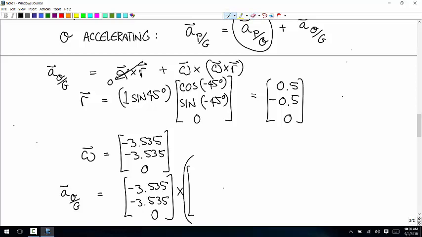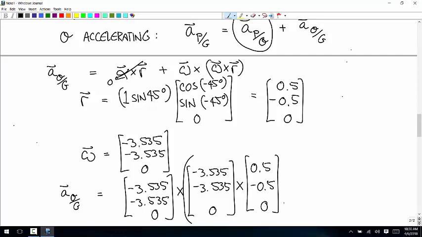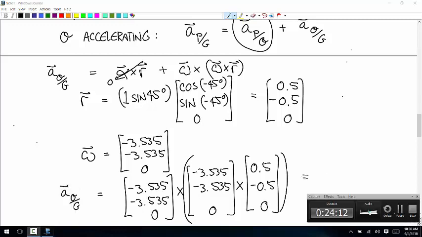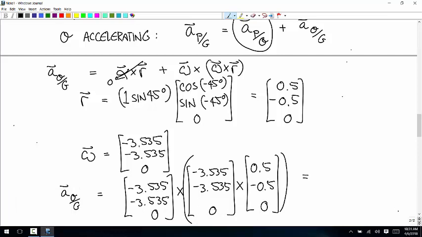We're doing the acceleration, so this has to be times the quantity, negative 3.535, negative 3.535, 0, crossed with the r vector, 0.5, negative 0.5, 0. I get negative 12.5, positive 12.5, 0. Anyone else getting that?